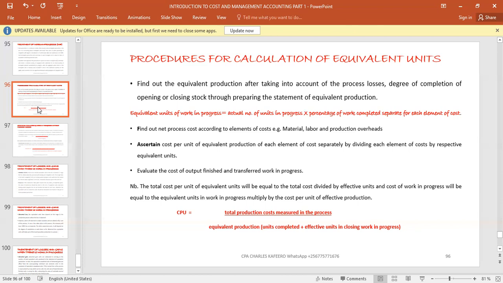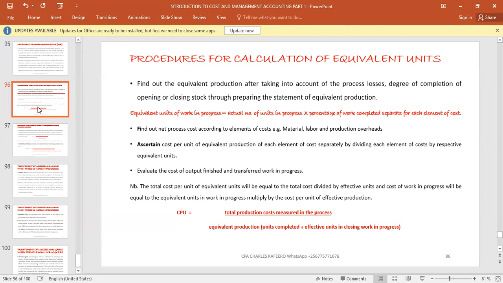Within the process losses, we have the normal loss, and you know that the normal loss is deducted from the input so that we can get our expected output. So from there, we first find out the net process cost according to element of cost, in terms of material, labor, and production overheads.